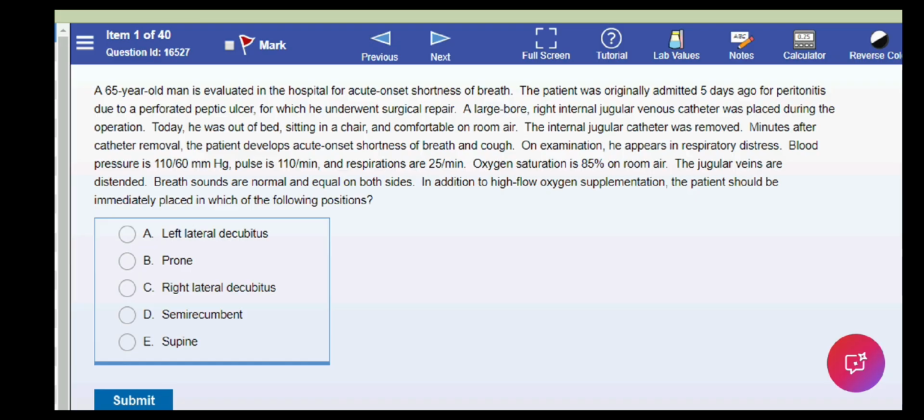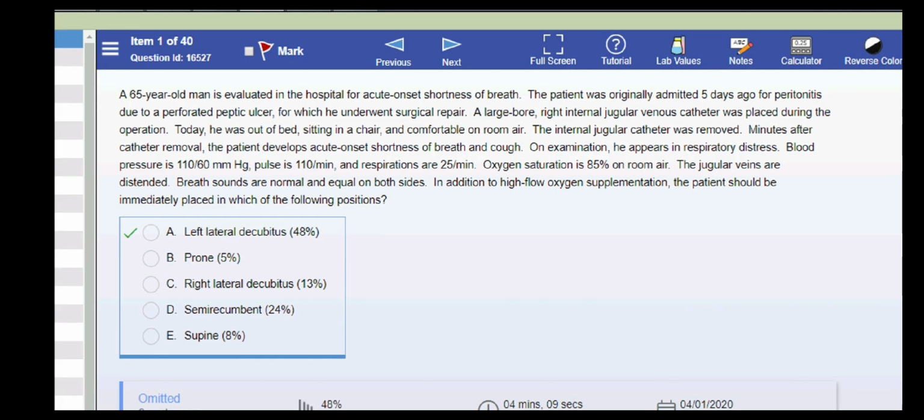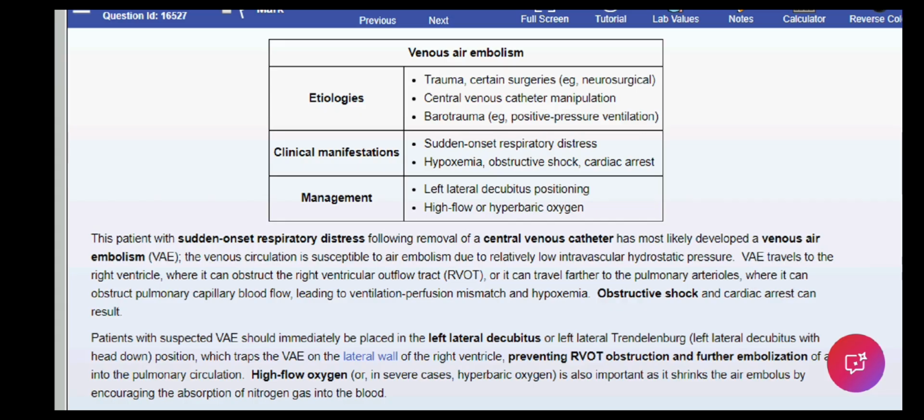Because we have this removal and low oxygen saturation, this is air embolism. And the best position is the lateral decubitus. Okay, why? I will tell you. We have venous air embolism that comes with trauma or certain surgeries or central venous catheter manipulation, or barotrauma like PPV or positive pressure ventilation.